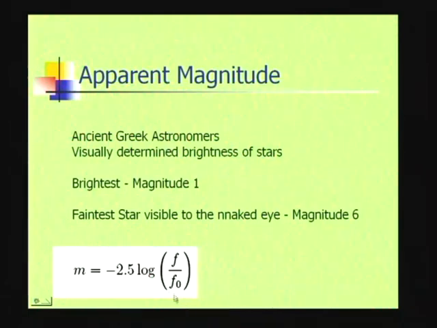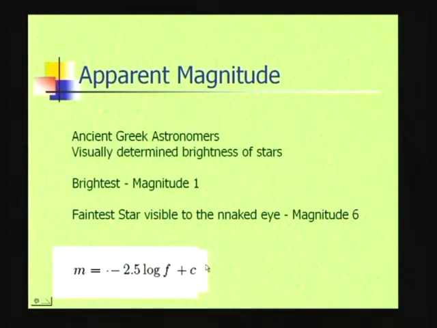The value f0 sets the 0 point of the magnitude scale. So when the flux is f0, you get a source of 0 magnitude. Or equivalently, it is minus 2.5 log f plus a constant.